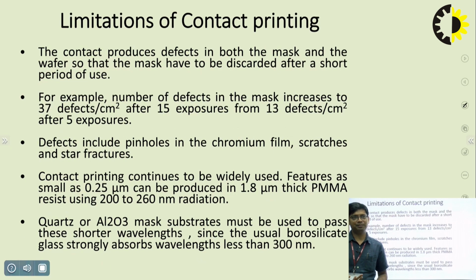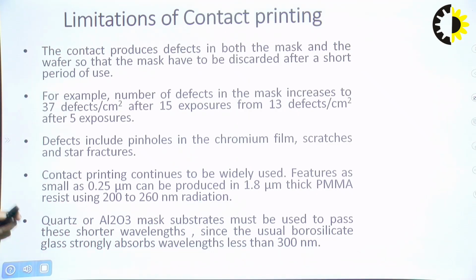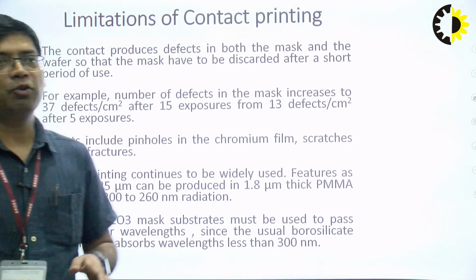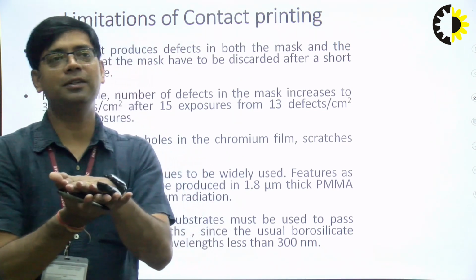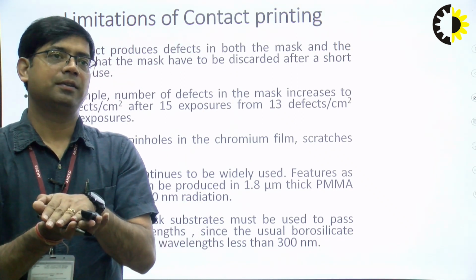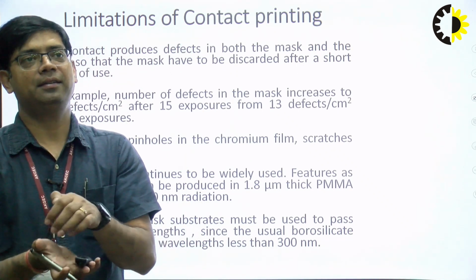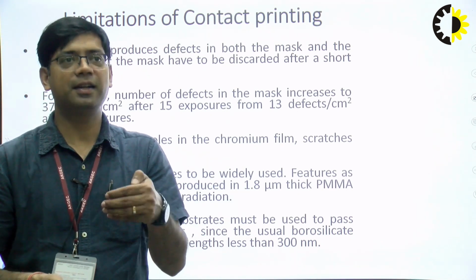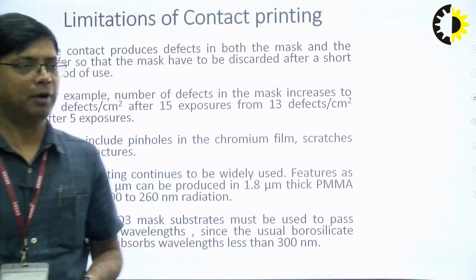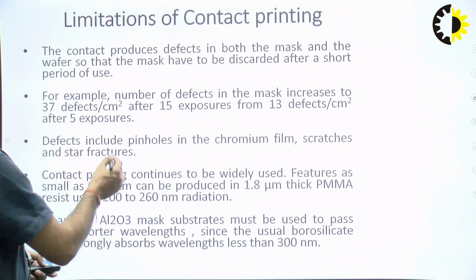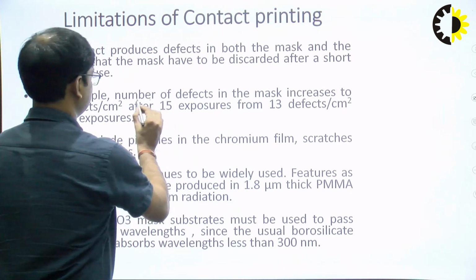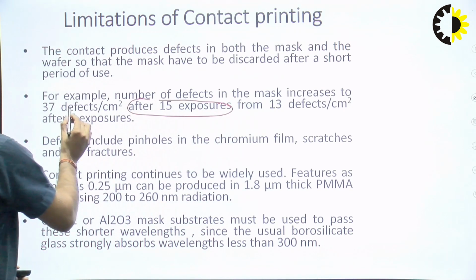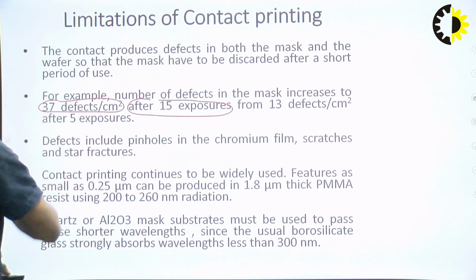The drawback is that the mask, because it is in contact with the wafer, gets damaged. It gets defects when it is used again and again. For example, it has been found that after 5 exposures, we had on average 13 defects per square centimeter, and after 15 exposures, we get 37 defects per square centimeter.